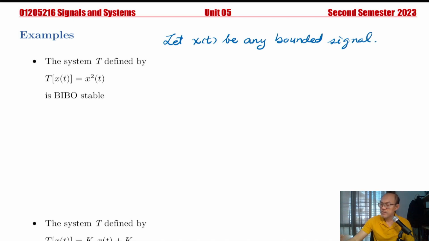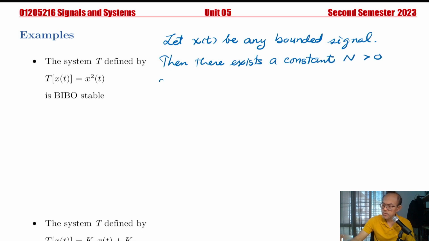Because x is a bounded signal, there exists a constant n greater than zero.